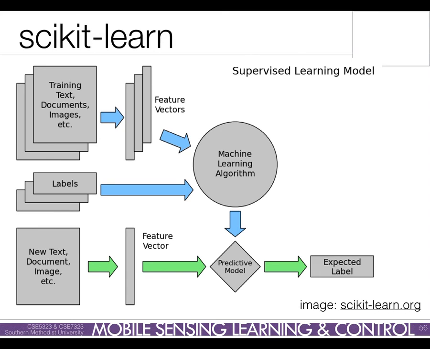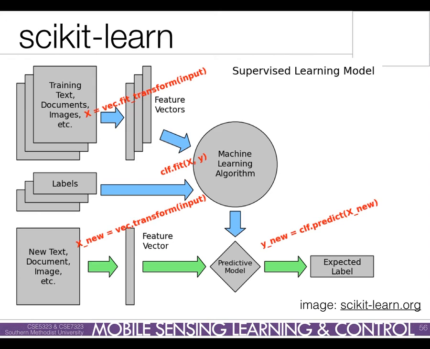Now, whenever unknown data comes up and you want to predict something about it, you put it through the same kind of process that you used to turn your training data into feature vectors, or you just take the raw feature vector if you already have it. You put that into the predictive model and you get an expected label. The commands for doing all of this are these.